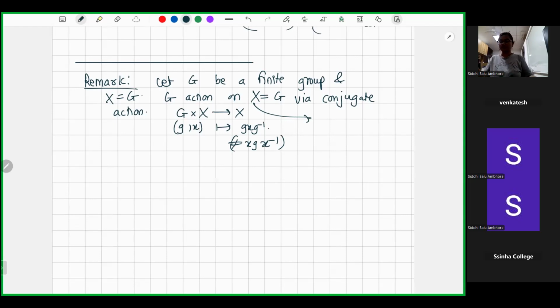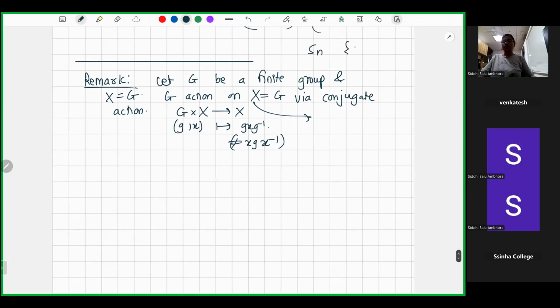It cannot make sense in an arbitrary X. For example, in the way S_n acts on the set 1 to n, which we saw in the exercise of last week, that's just a way to remember this conjugate action: G is the one which has the inverse and not X. Okay, so this is the conjugate action we have.